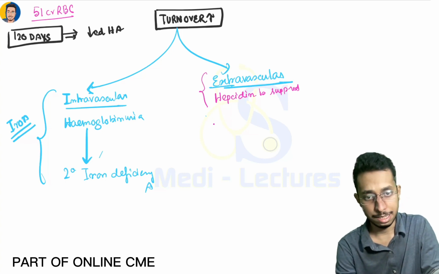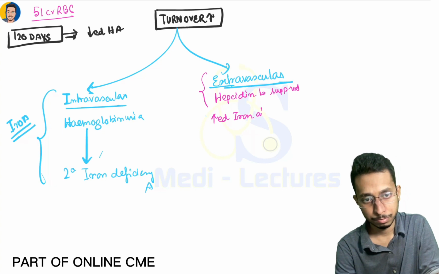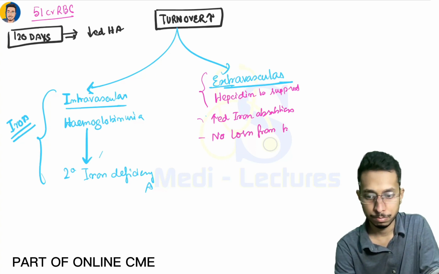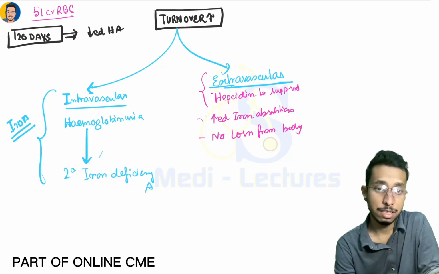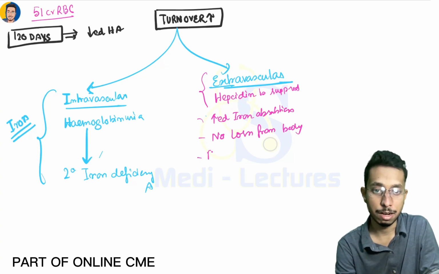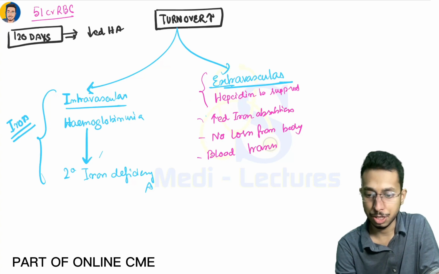So there is increased iron absorption plus no loss of iron from the body, and these patients are in need of multiple blood transfusions because of the anemia.